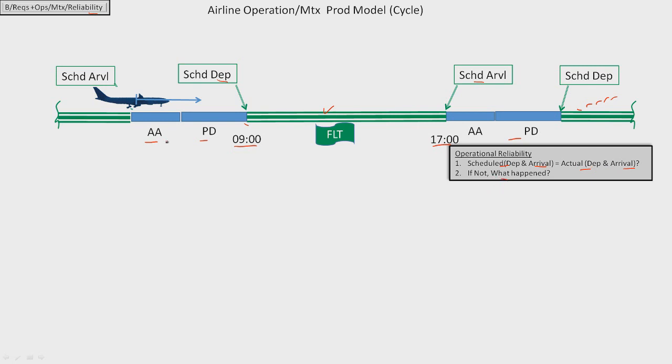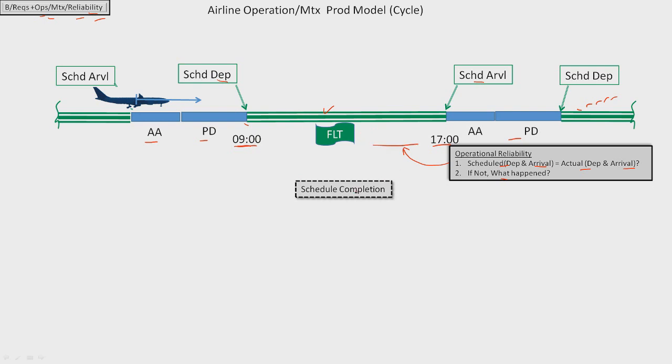On one side we have business requirements that tell us what to do, when to do it, how often we have to do it, even the time. And on the other side, we have the operation system, maintenance system, safety system, operation reliability system that supports all these requirements and activities. The number one item in these activities is schedule completion.